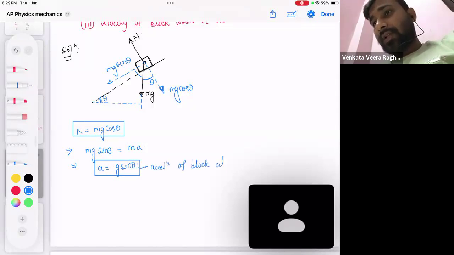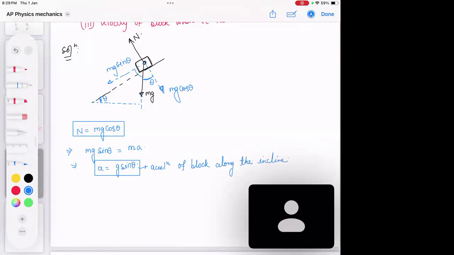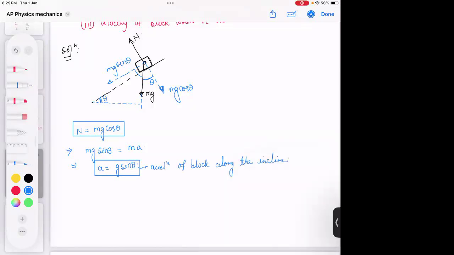It is always going to be g sin theta. The condition is smooth inclined plane. Now just put the value. G is 10, theta in the question is given as 30 degrees. So its acceleration is 5 meter per second square.